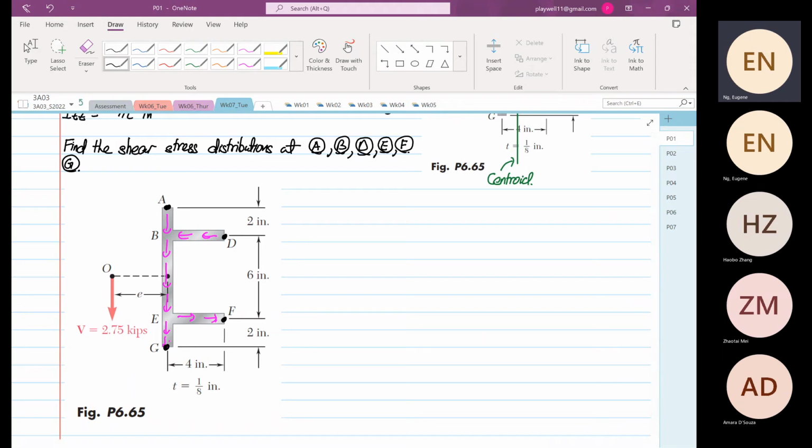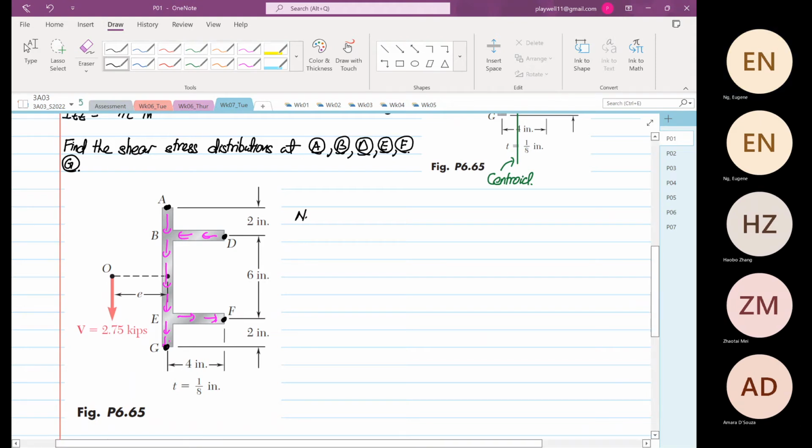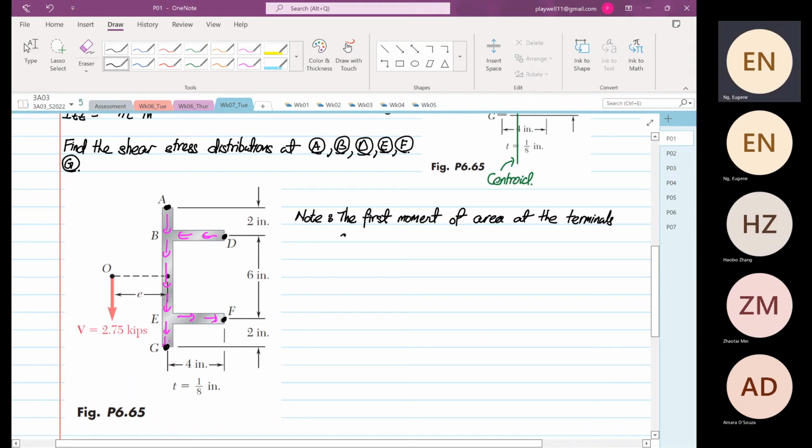Usually note that the first moment of area at the terminus is equal to 0, i.e. Q, not theta, sorry, Q is equal to 0.